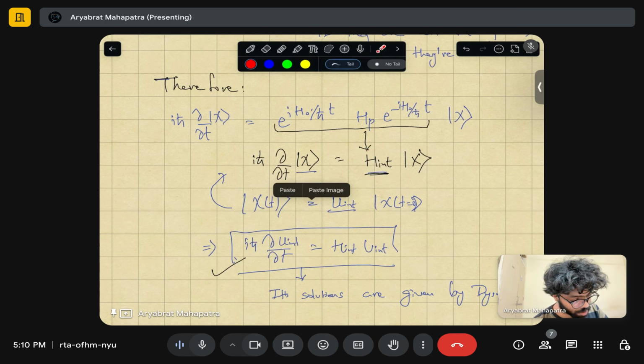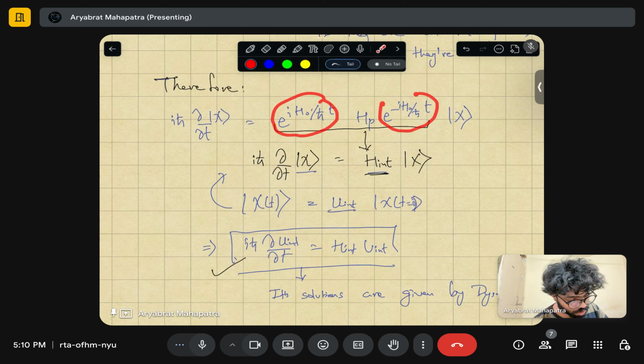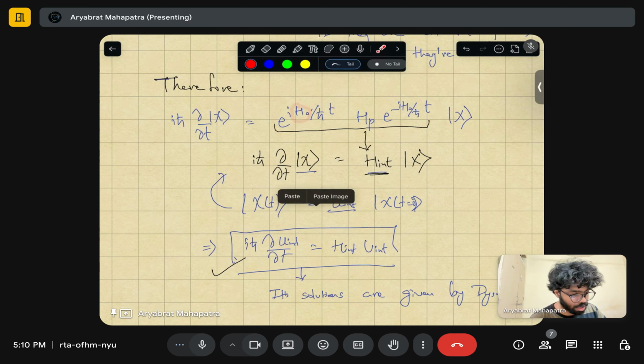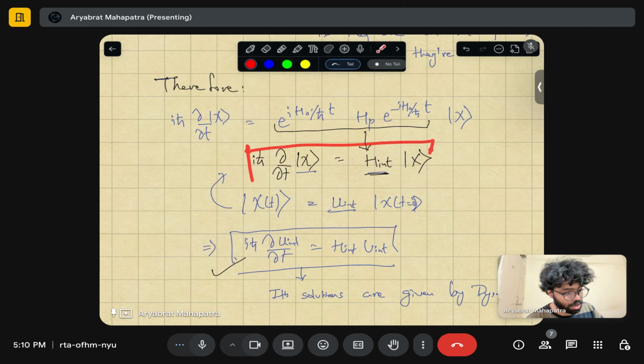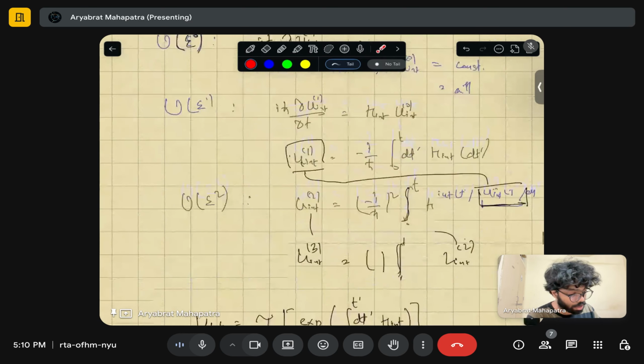So it's the perturbing part of the Hamiltonian which is transformed using these exponential operators. These exponential operators contain H0, which is the unperturbed part. So this whole thing has information about both the perturbative part and the unperturbed part of the Hamiltonian. Using this, we have to find the solution for this equation, which will give us chi, which is something we want to calculate.